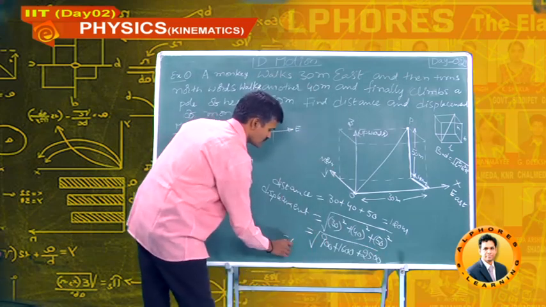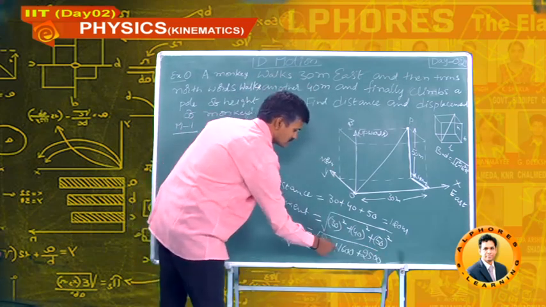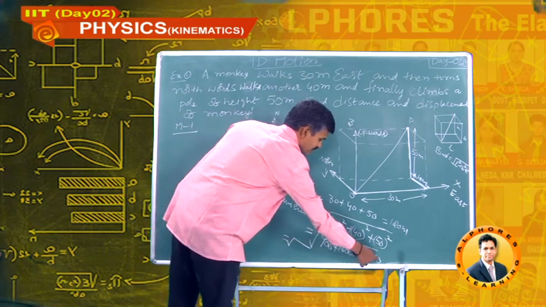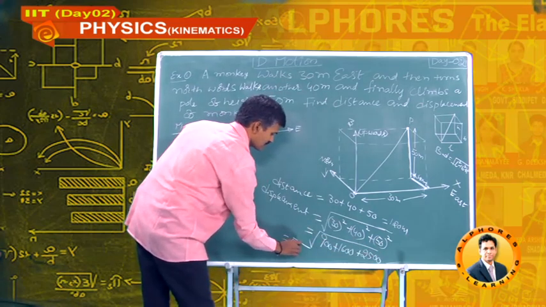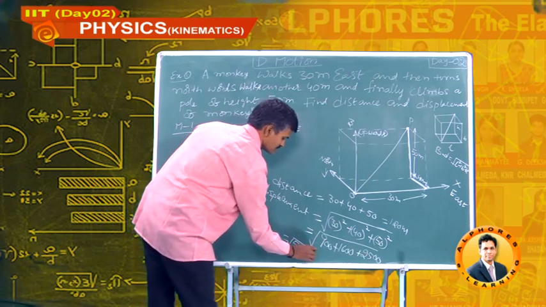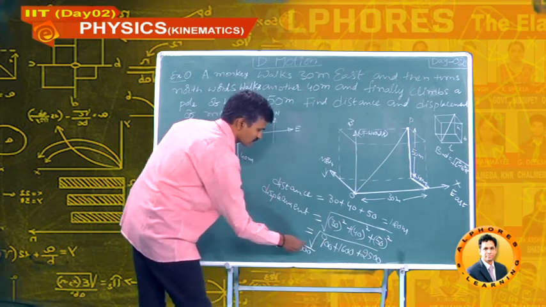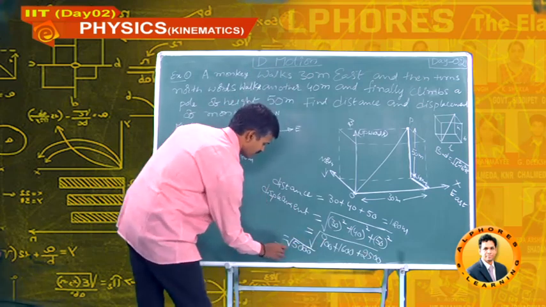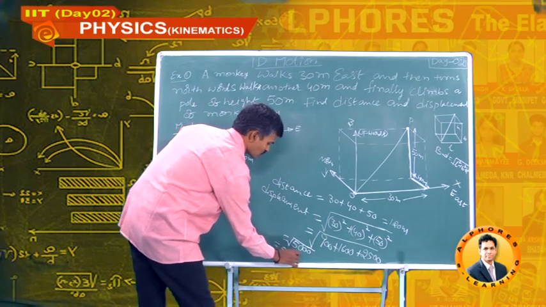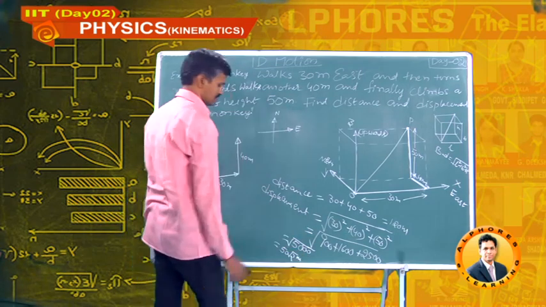So, this is root of 2500 plus 2500, that is 5000. Its value is 50 root 2 meters.